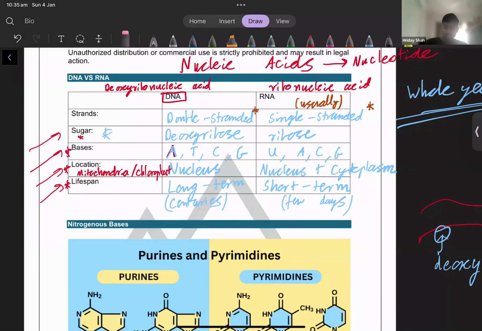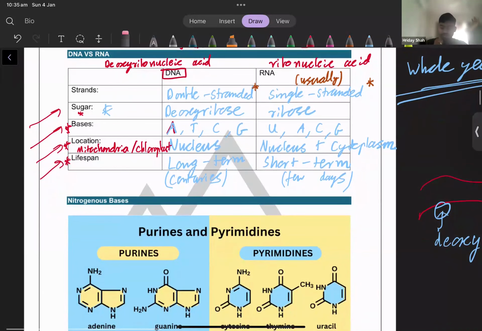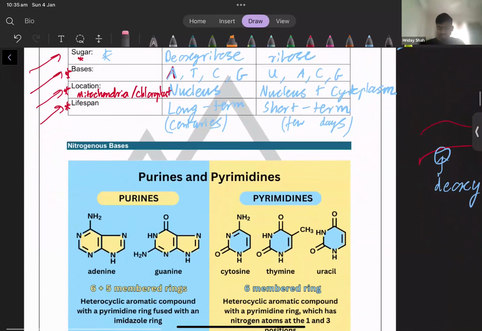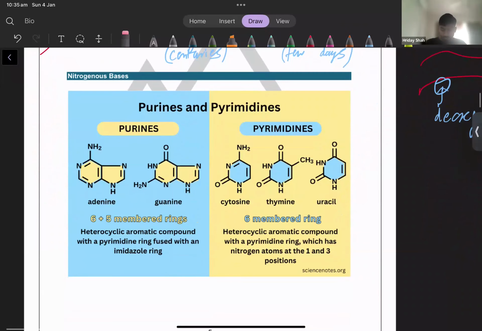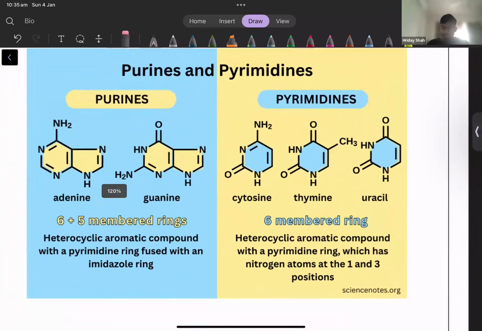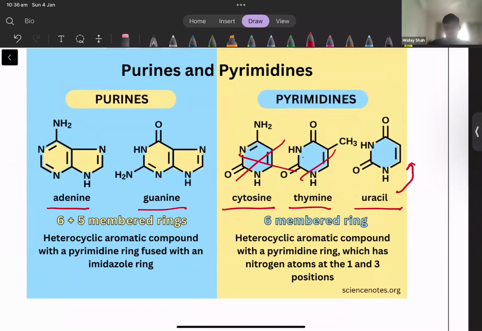Okay. Then if we have a look at the nitrogenous bases, what actually is ATCG that I'm talking about? ATCG stands for these molecules we have given here. A represents adenine, G is guanine, C is cytosine, T is thymine, and U is uracil. You see you have the chemical formulas above. You do not need to know these chemical formulas.